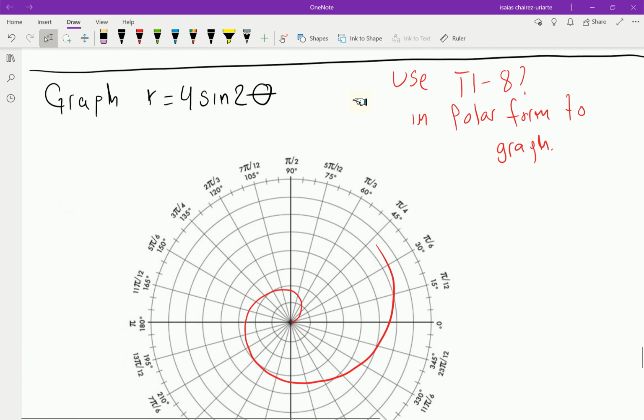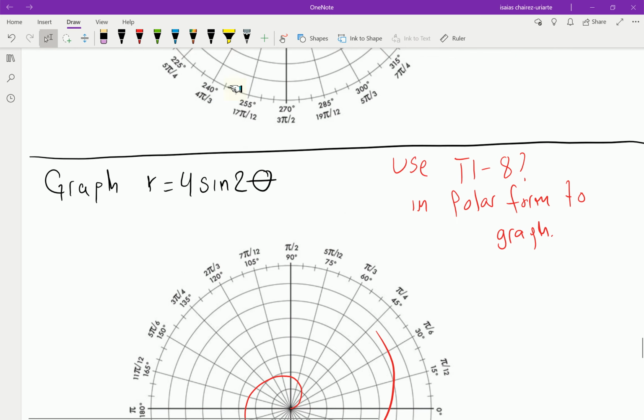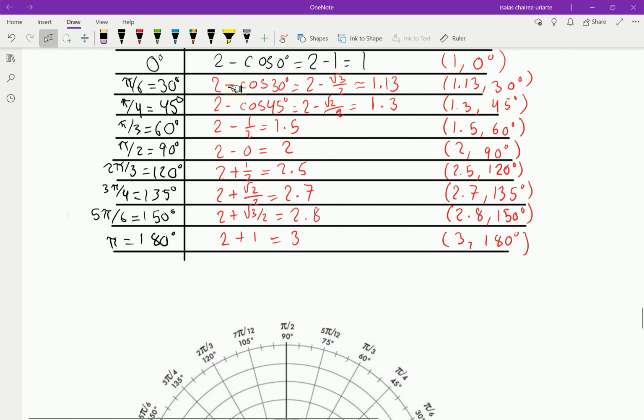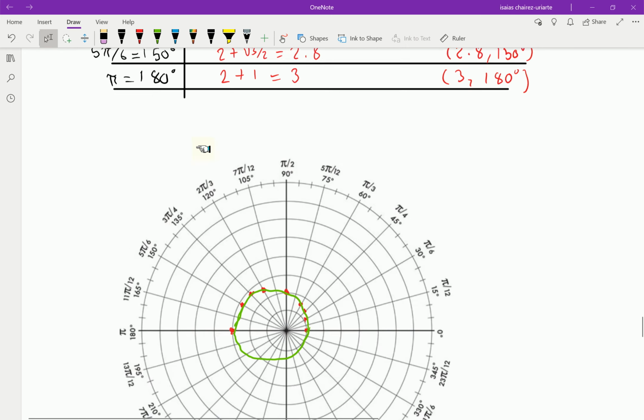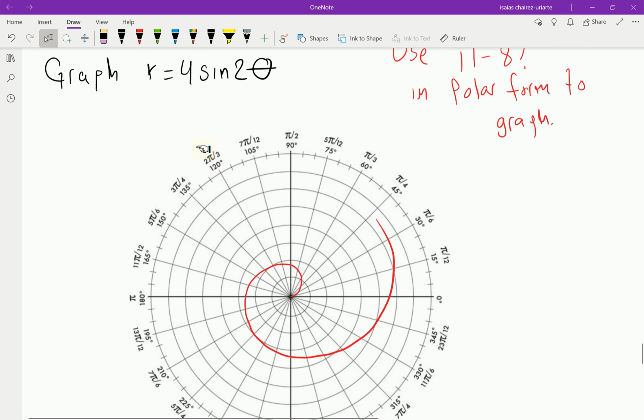All right, so it's your turn now. You should graph this equation, 4 sine of 2 theta. In your notes, you are provided with a little table, sort of like this. Fill it out, go through the process, generate the points, plot the points by hand, and then see what sort of sketch you come up with.